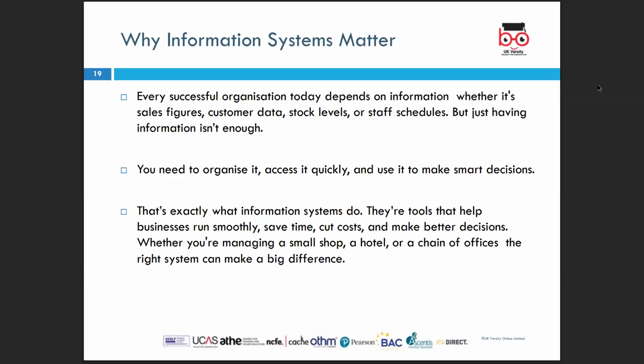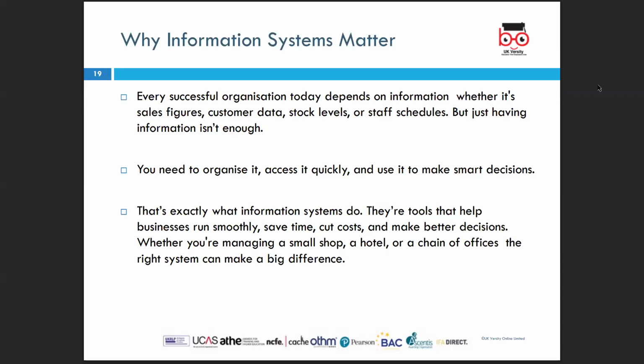So why does this information system matter? We now know that for a successful organization today, a lot really depends on our information, whether it's sales figures, customer data, stock levels, or staff schedules.